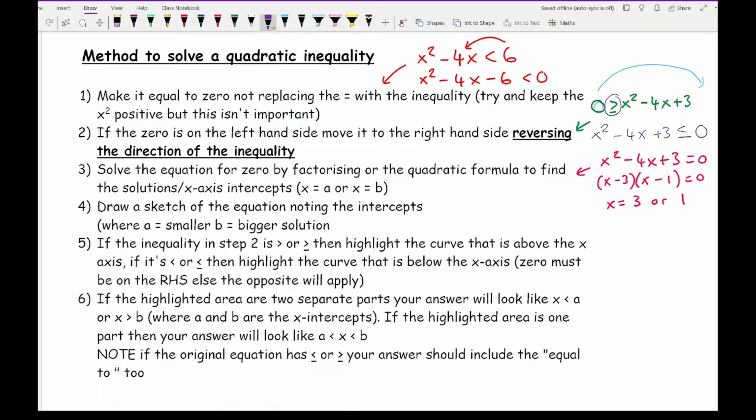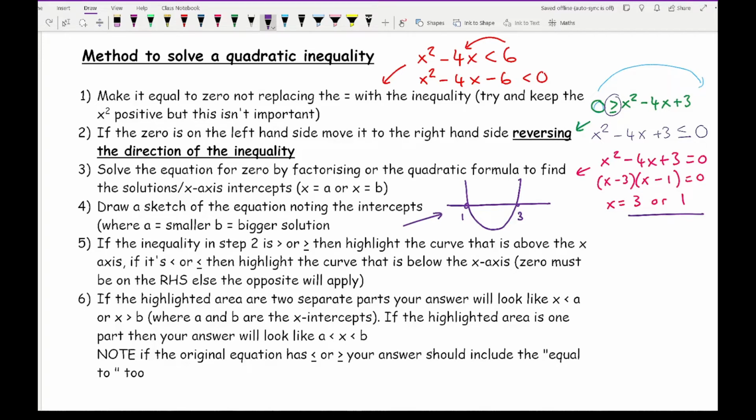Here I'm just going to draw a horizontal line. I'm then going to draw a positive parabola. I'm not going to worry about the y-axis because that could make this diagram a bit invalid. I'm then going to write down my two values, which in this case are 1 and 3. So 1 is going to be there because it's the smaller one, and 3 is going to be there. So in terms of drawing the sketch, that is what it's going to look like.